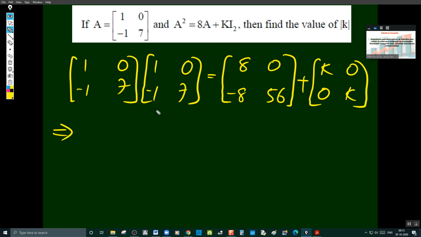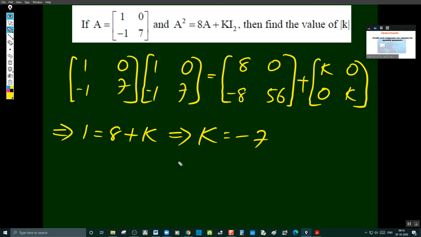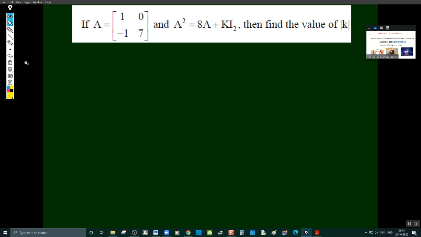Now, if you multiply this, let me write directly. This 1 is equal to 8 plus k. It's a simple problem only. Why has it come here? Okay, an integer type question, no? That is why we have taken it. So k is equal to minus 7. So mod k is 7. That's it, please. That's it. Now let us see. Let's move on to differential calculus.